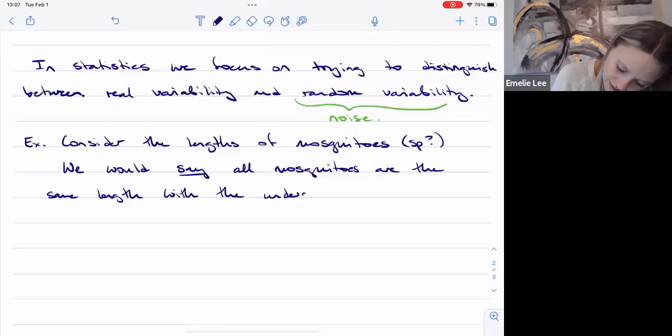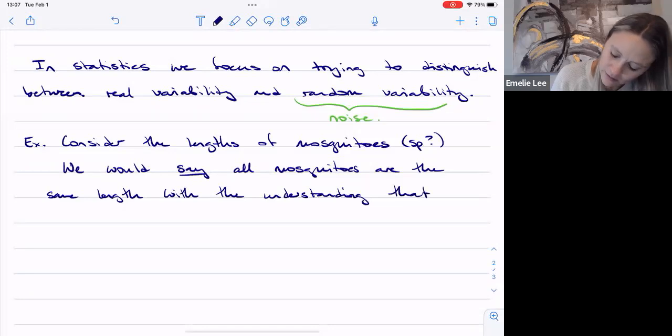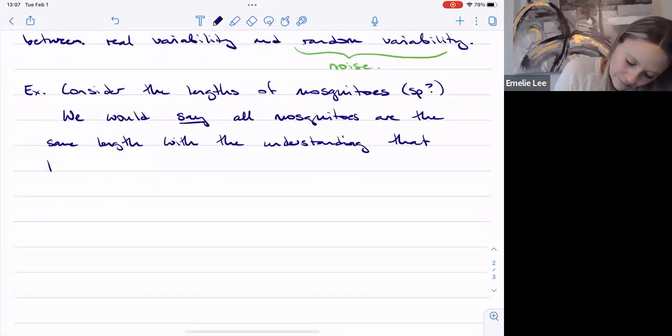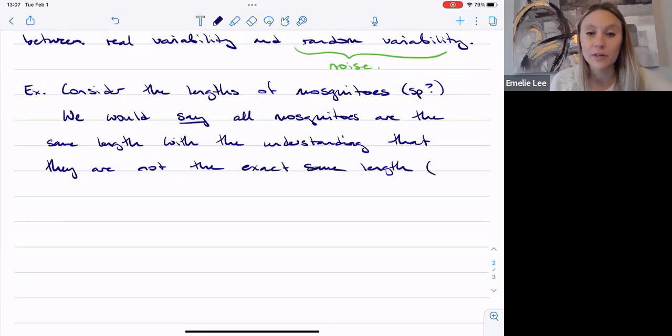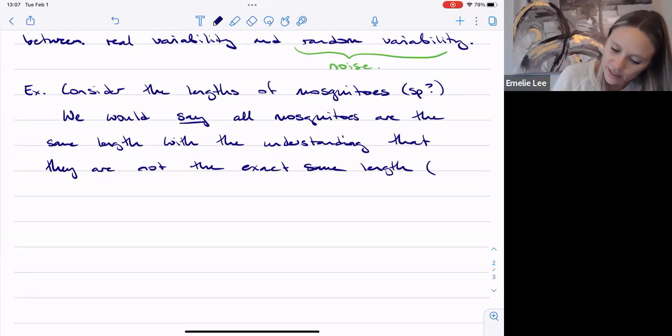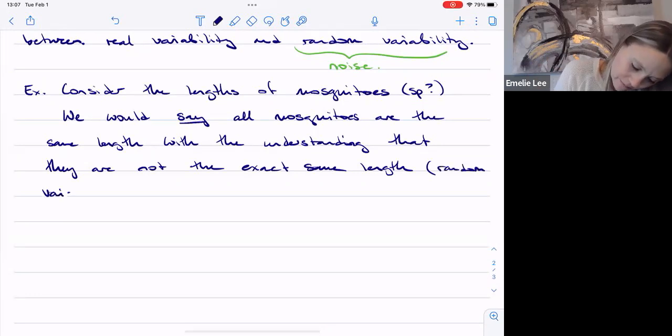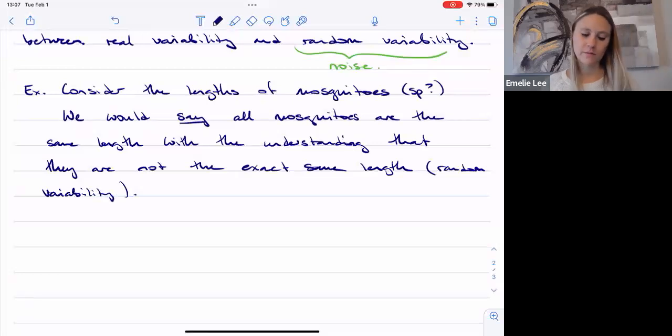They are not the exact same length. That's what I would call the random variability.